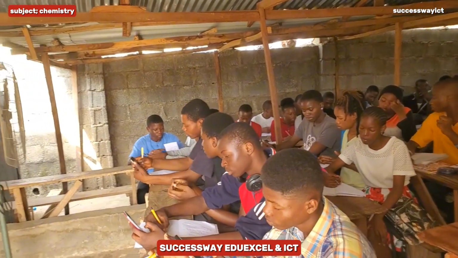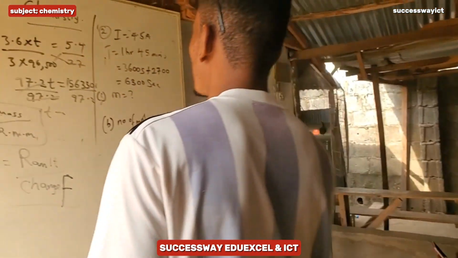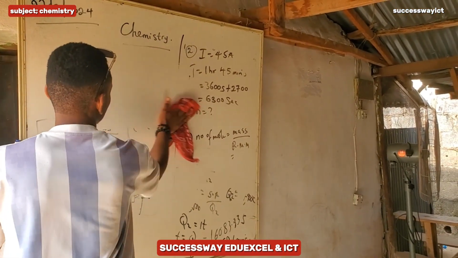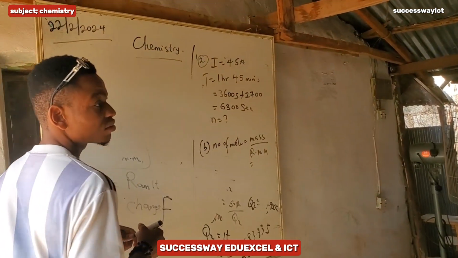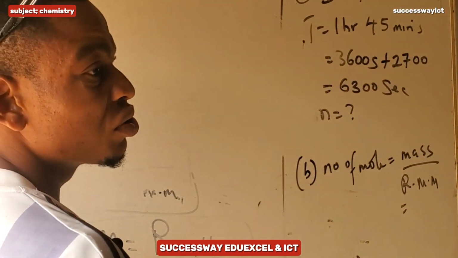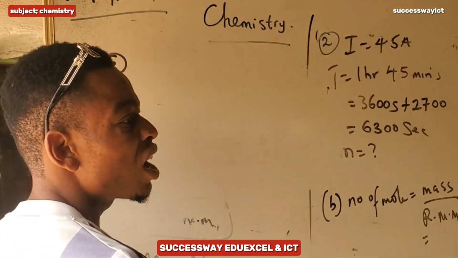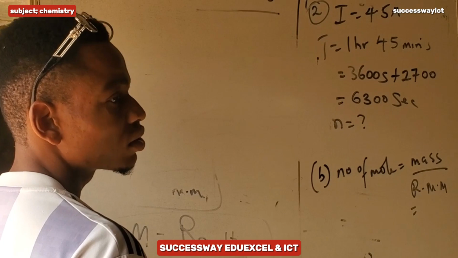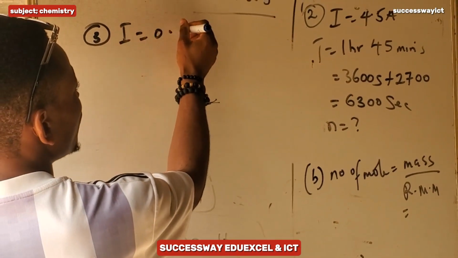Next question. 0.2 gram of a bivalent sugar. 222 gram, right? Okay. Continue. Calm down now. Continue. 0.45 ampere.